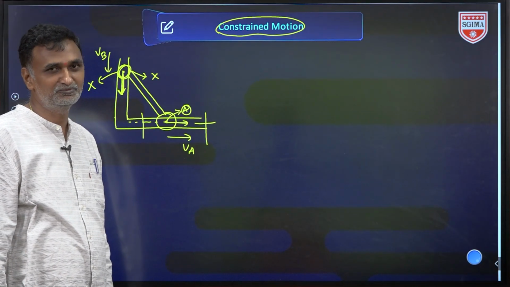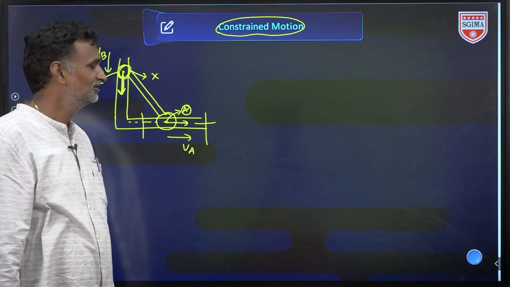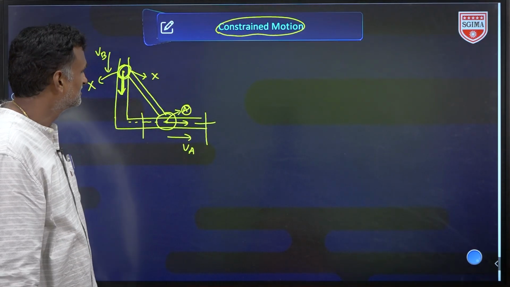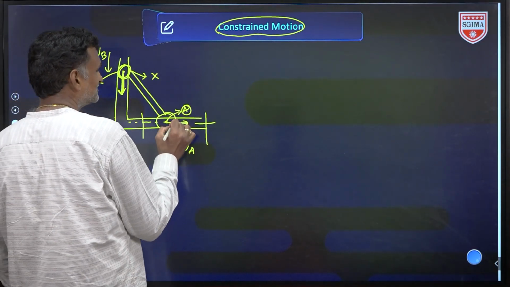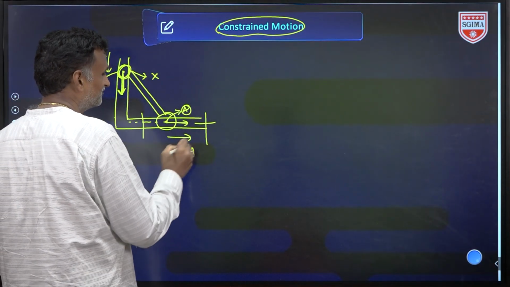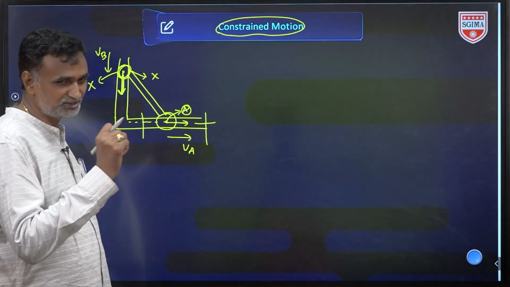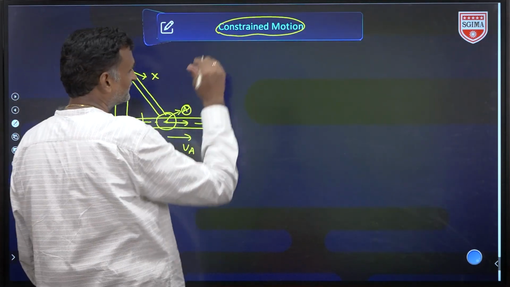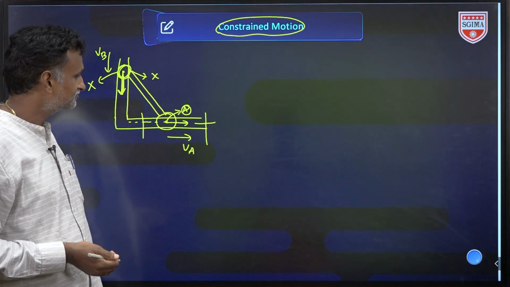I will explain how VA and VB are related and what the relation between VA and VB is. In such a motion, we need to find the relation among the parameters involved. We will learn this under the part of constrained motion.